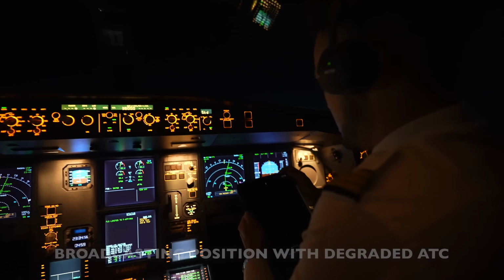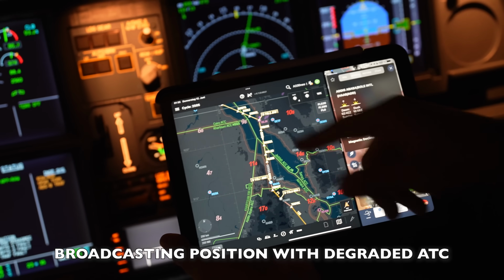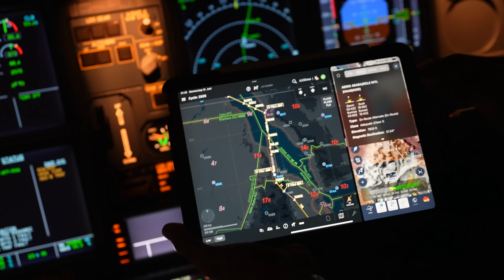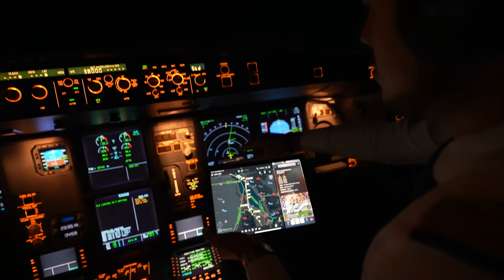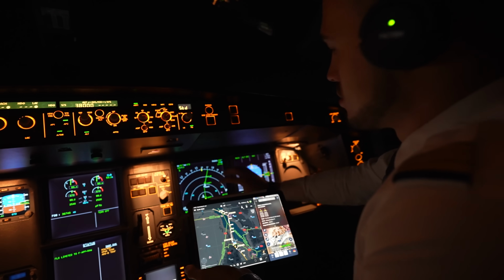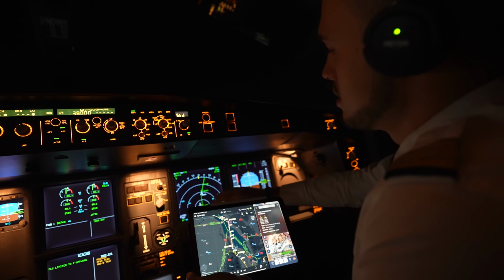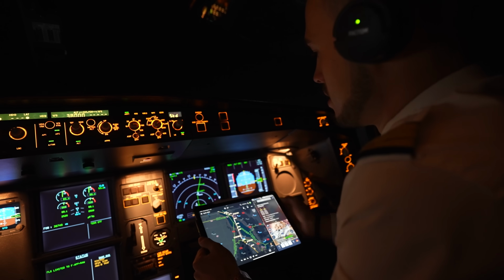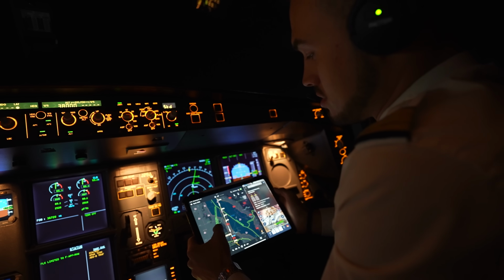Got it. Right now we're in Saudi Arabian airspace. That's the zone where we're told that on a separate frequency us pilots were broadcasting our position, because usually we had ADS-B reporting, so every aircraft was reporting its position and we were able to see them on the navigation display as well. And right now that is interfered, and therefore on this airway us pilots we report our position ourselves.